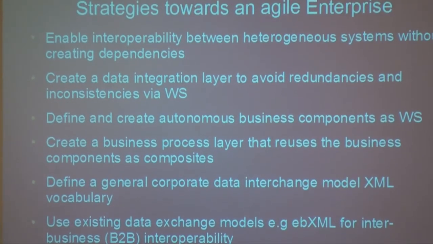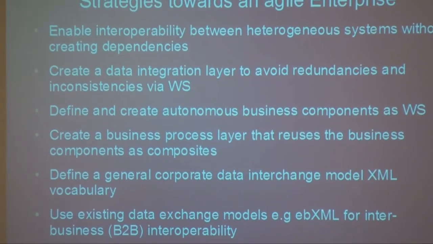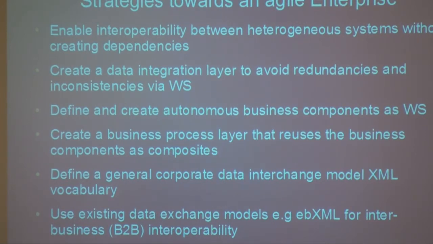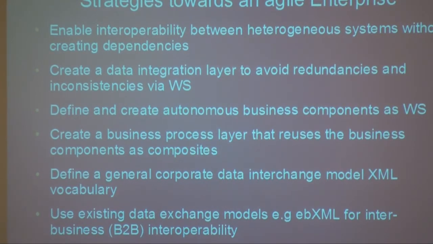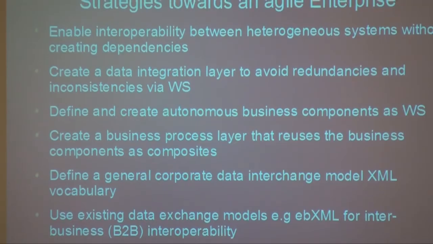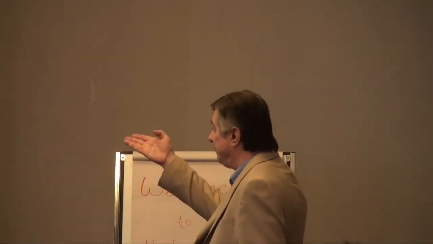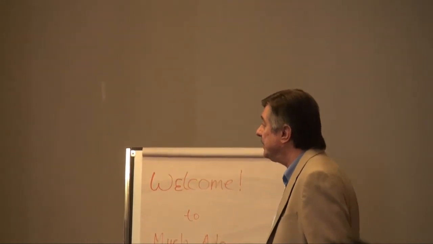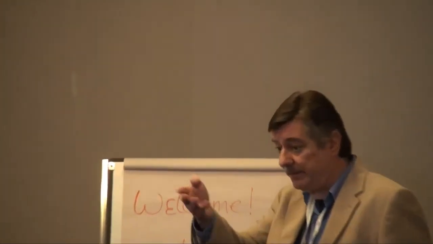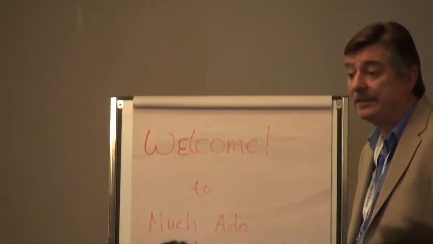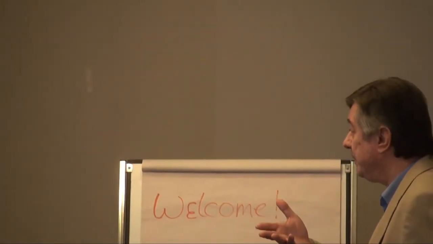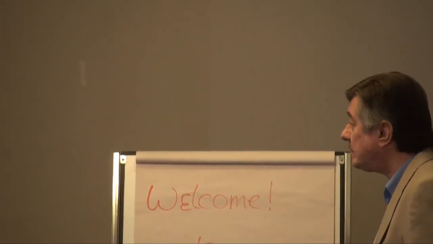You don't access your database directly via SQL or JDBC or something like that. You just wrap it into a web service layer. You reuse your business components in the business process layer. As I said, you can easily show this as a graphical representation of something going on there.